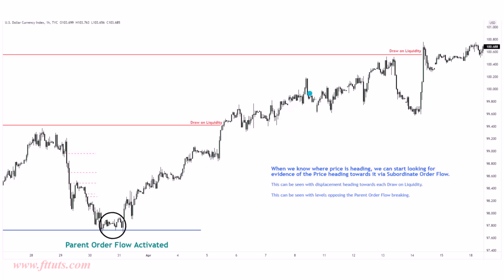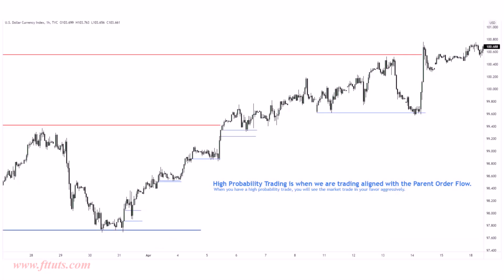Whenever you see your setup not working out, it's pretty much because you're playing against the parent order flow. High probability trading is when we're trading aligned with the parent order flow. So here's where the parent order flow started. When you have a high probability trade, you'll see the market trade in your favor aggressively.